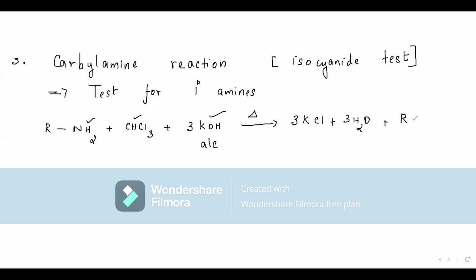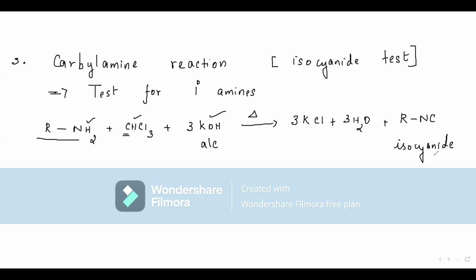Now what remains is R-N here and just a carbon here, RNC, which is the isocyanide. So a primary amine is converted to alkyl isocyanide.